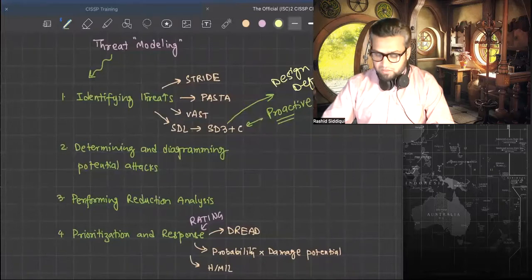Now, reduction analysis, let me focus on this topic and try to show you what I mean by reduction analysis here.